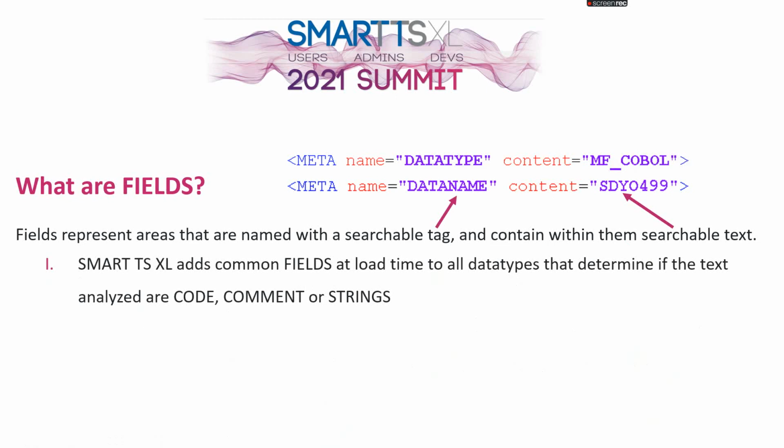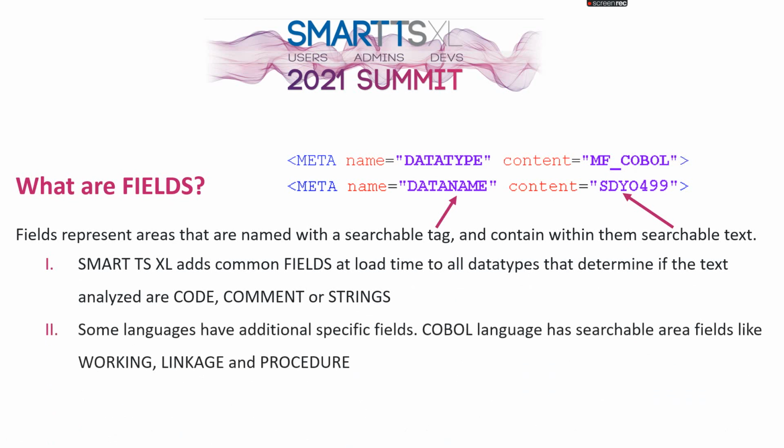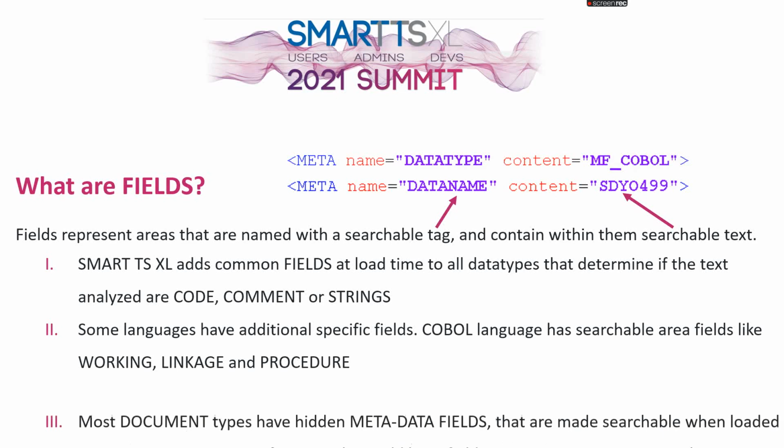SmartDS Excel adds common fields at load time to all data types that determine if the text is, for example, analyzed as code, comment, strings. We do that to almost all the languages. Some languages have additional specific fields. For example, COBOL language has many more searchable areas like working, linkage, procedure, data division, and so forth. This allows you to limit your search to certain areas in the COBOL programs.